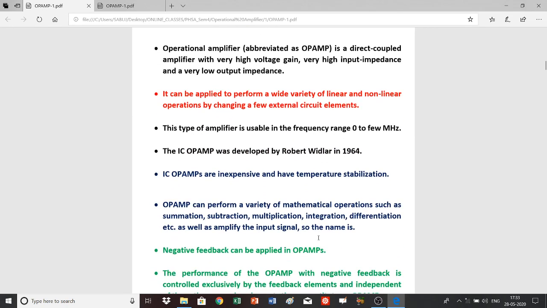And most of the OPAMPs that we use are found in the form of IC, that means integrated form, and these IC form OPAMPs have relatively low cost, and that's why they are very popular in the electronic industry.